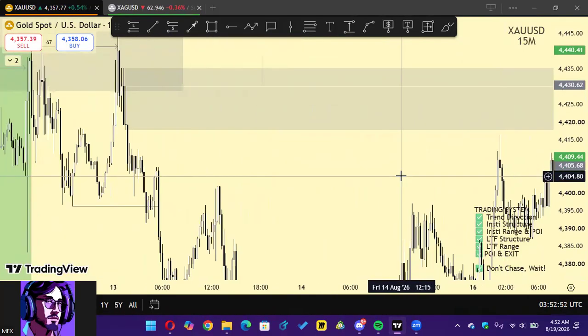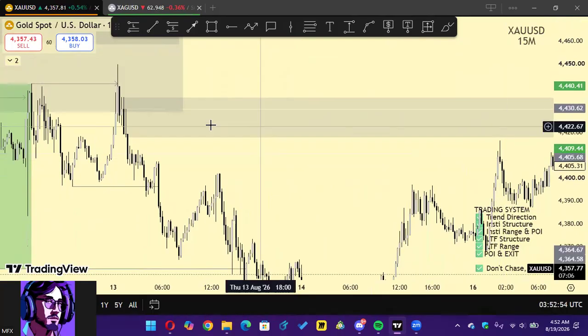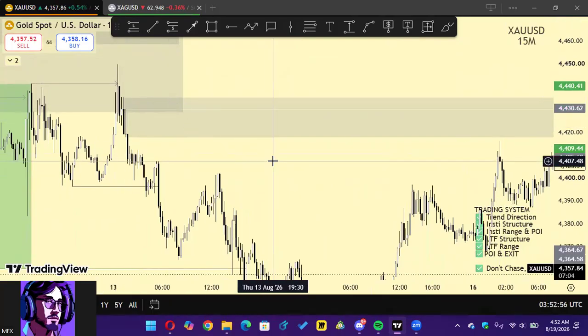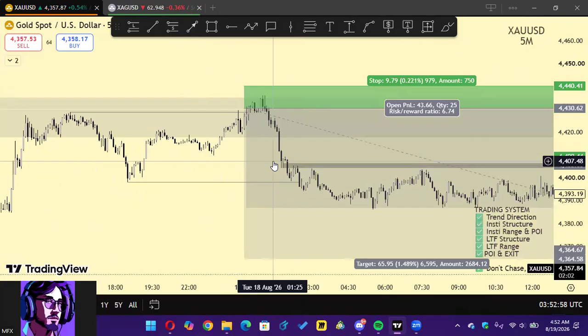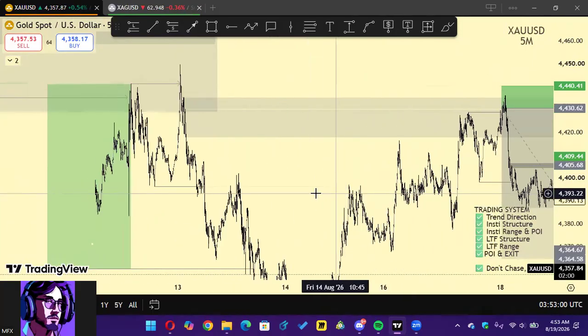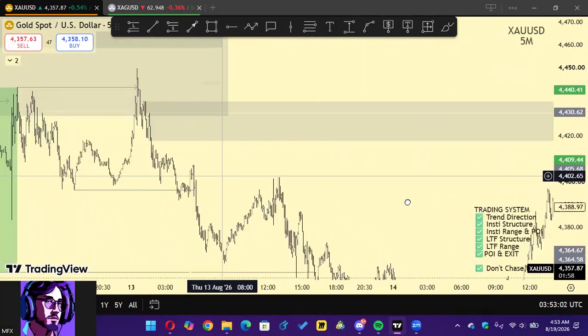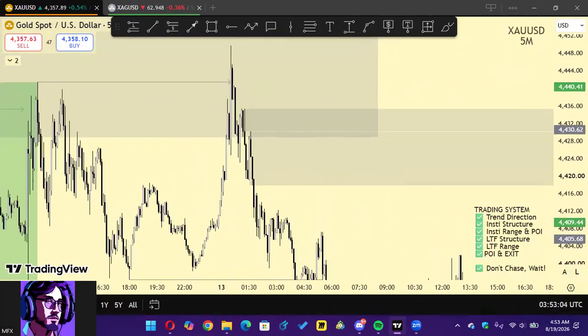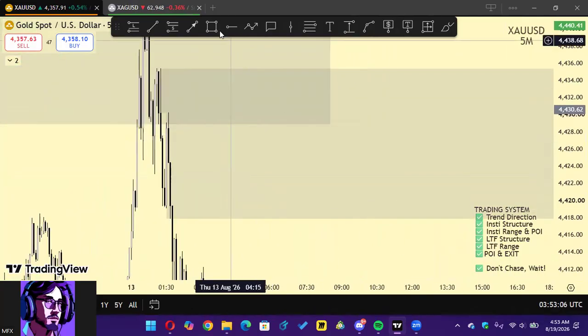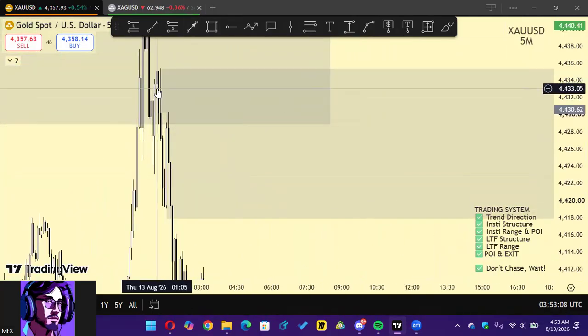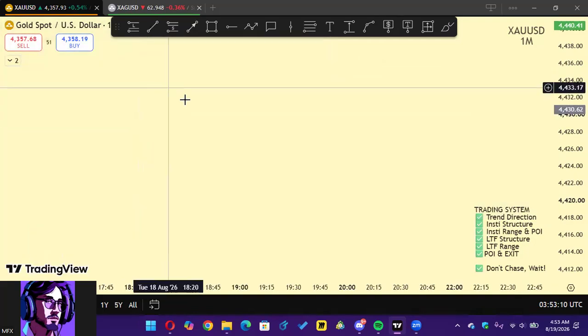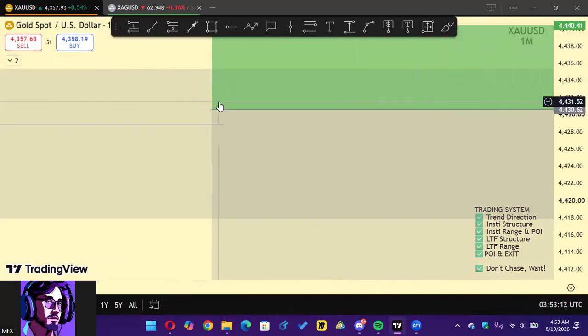The reason why I didn't identify the right POI was because I didn't refine this down to a lower time frame, like 5 minutes and 1 minute. So you could see how beautiful this is on 5 minutes and how unmitigated it is.